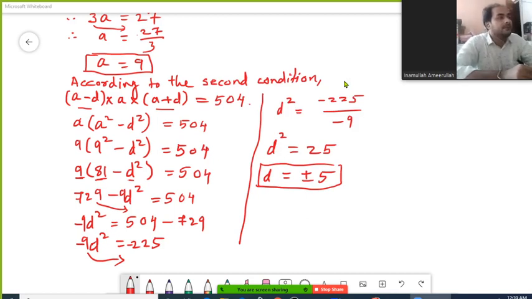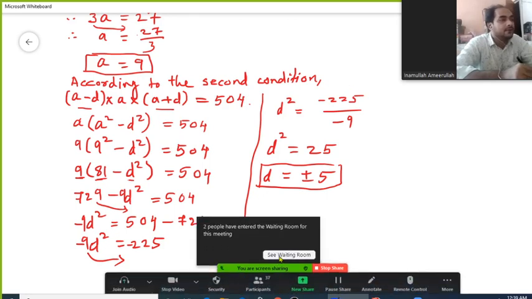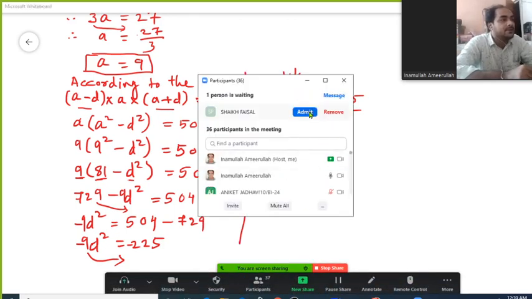It's time to find out your three terms. So your first term is a minus d. A minus d is your first term. So a is 9. Since d has two possible values, either positive 5 or negative 5, here we need to consider both the possibilities.